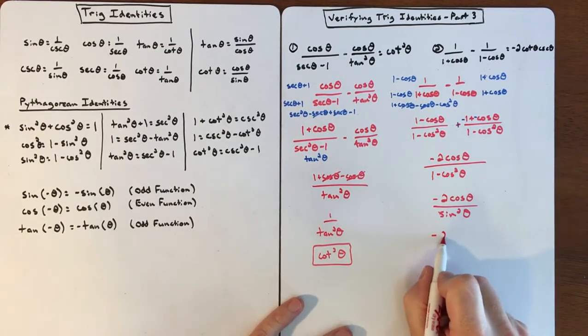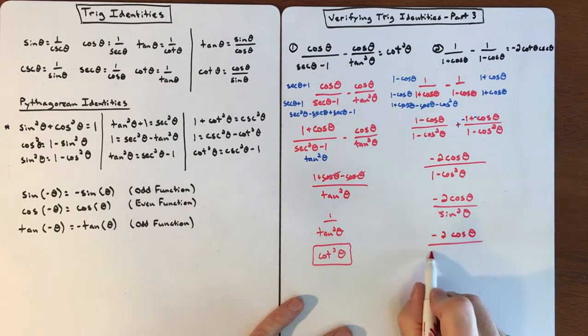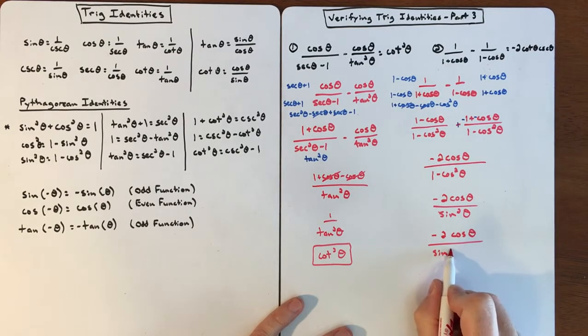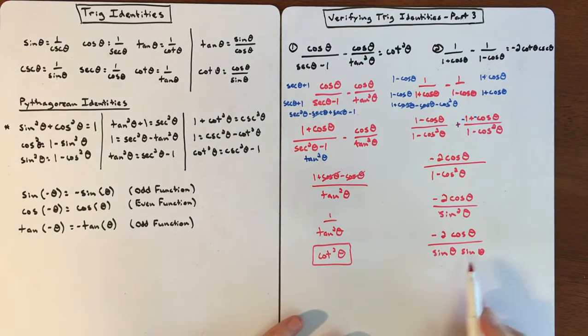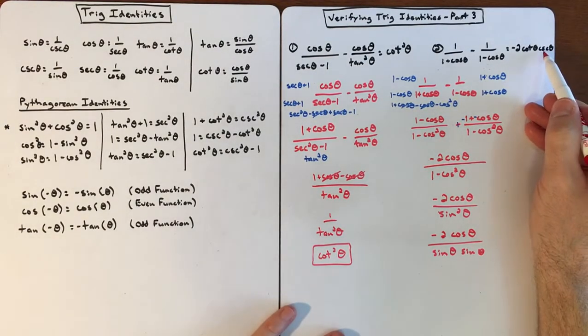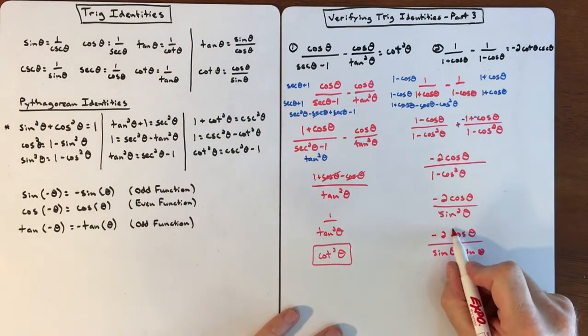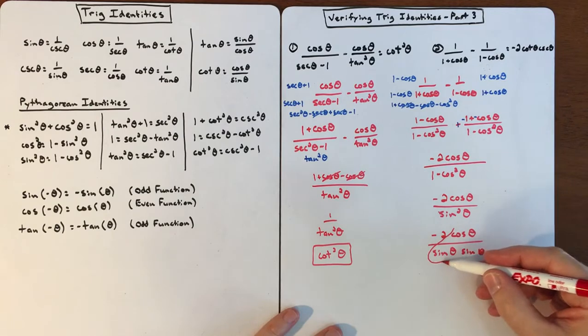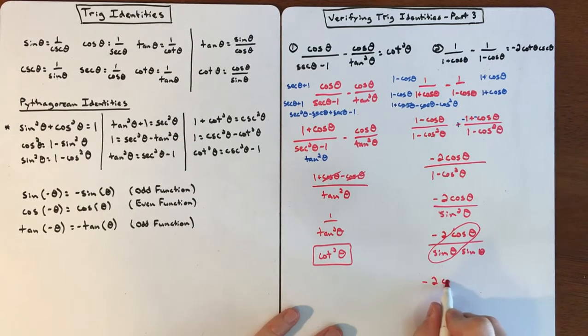And then I'm going to break this up just to make things a little bit more straightforward. Sine squared theta is sine theta sine theta. And then if you're looking for this, your cosecant is actually one of those, and cotangent is cosine over sine. So here's our cosine over sine. So that's cotangent. And then your sine can just come up and become cosecant.